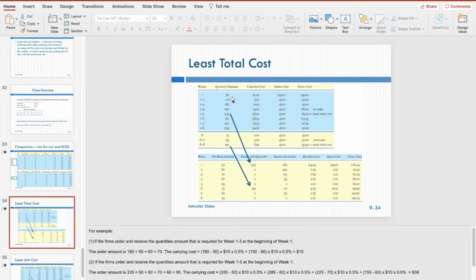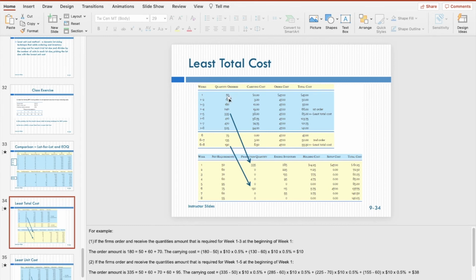At the end of week 1, how much inventory is still within your warehouse? At the beginning of week 1, you order the amount for the future 2 weeks. During week 1, you sell 50. How many are still in the warehouse?